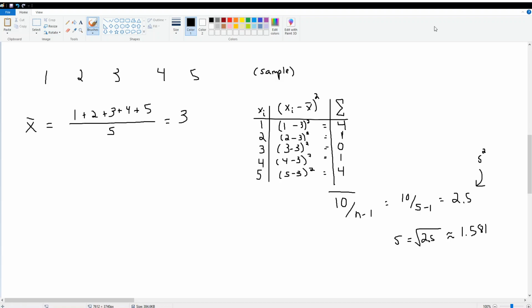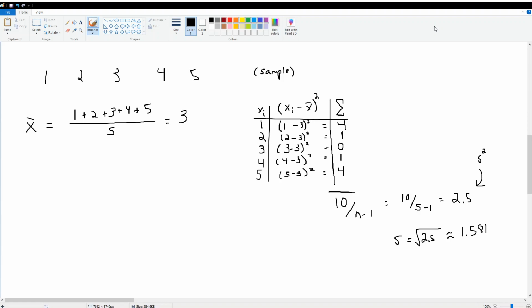So for this overly simplistic sample, we have a sample variance of 2.5 and a sample standard deviation of 1.581. When it comes to the exams, you will calculate either a sample or population variance, but you're going to have no more than 5 data points, so it won't be too overly bearing.